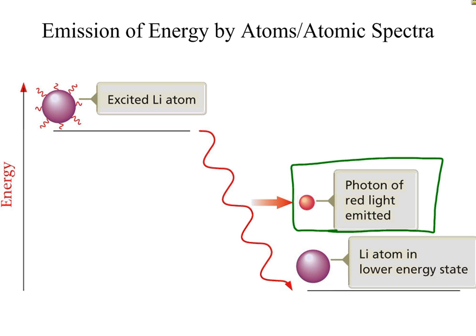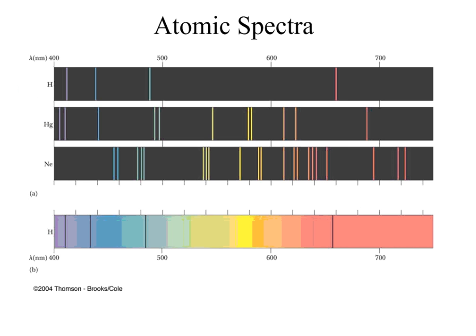Now, it turns out that those energy states are really the energy states of the electrons. So we find that there are different energy states or energy levels for the electrons. And then this will get us into the next topic of conversation, which is the Bohr model of the atom. Just as an introduction, these are some spectra that are produced from different elements.